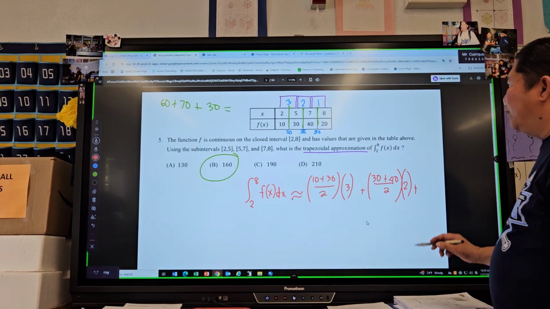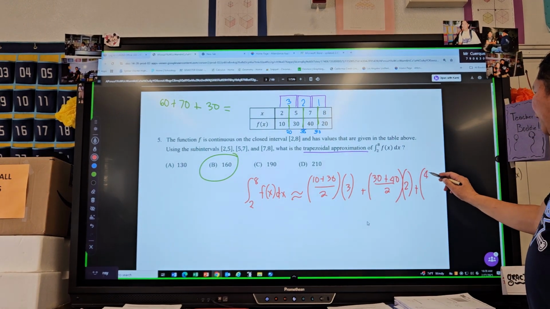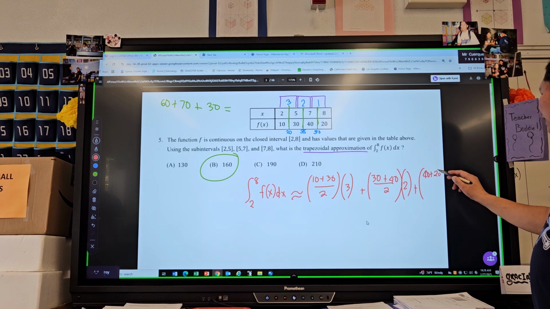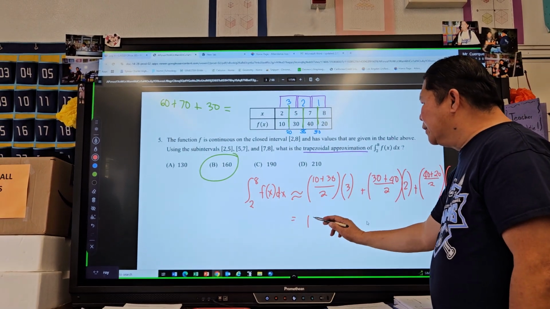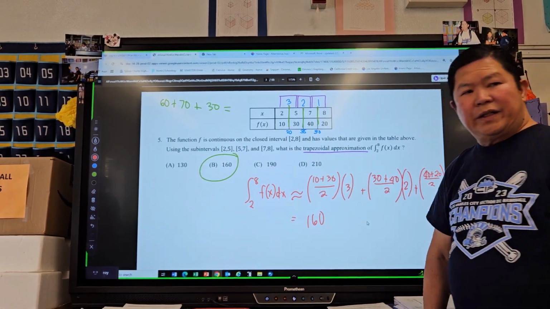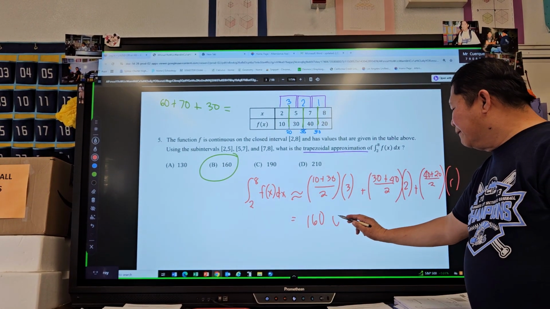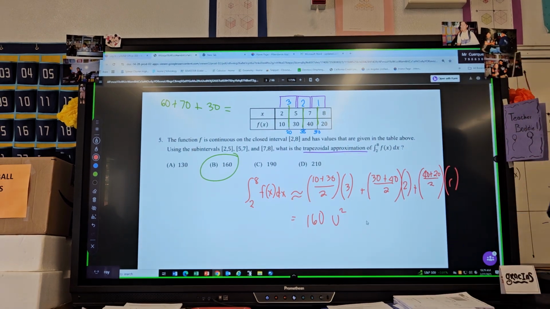And then the last one is 40 plus 20 over 2 times 1. And then this is equal to 160 square units. Okay? Clear?